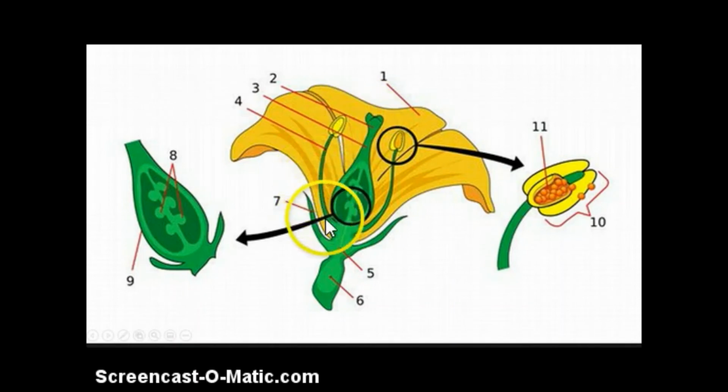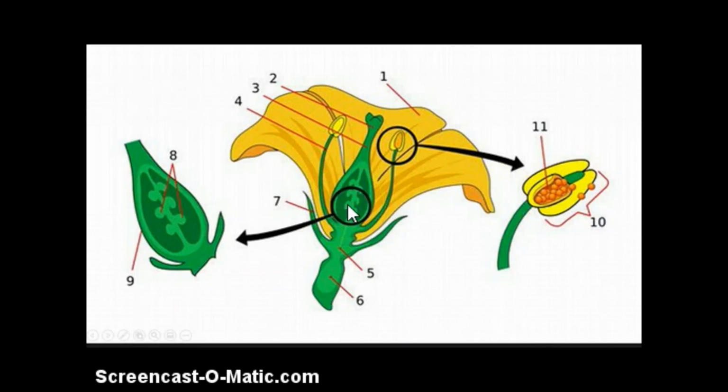This structure with the filament and anther is called as the stamen. This filament is tube-like structure is the filament, and this upper part is the anther. And as I have told, inside this anther there are small, very very small spores which are called as the pollen grains. And these pollen grains, they mix with these ovules, which I have already told.